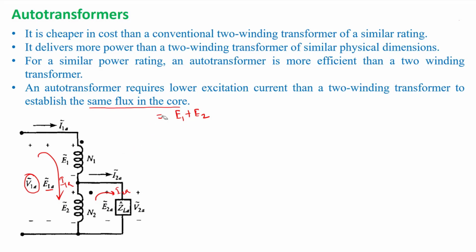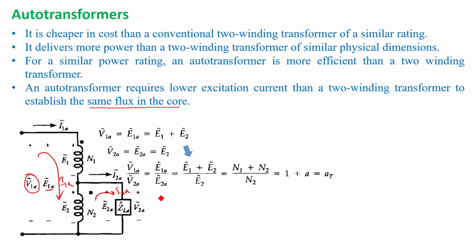This interconnection between two windings can have four different structures, right? One structure is this, and the other three I'll show you; they will be in different structures. For this structure, V1A will be equal to E1A, that is equal to E1 plus E2, and V2A will be equal to E2A, equal to E2.